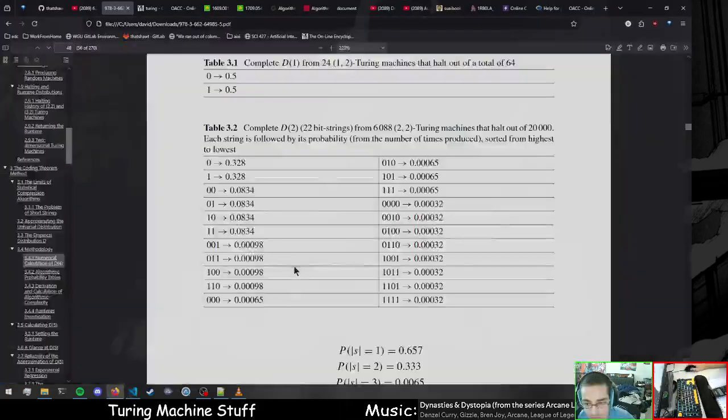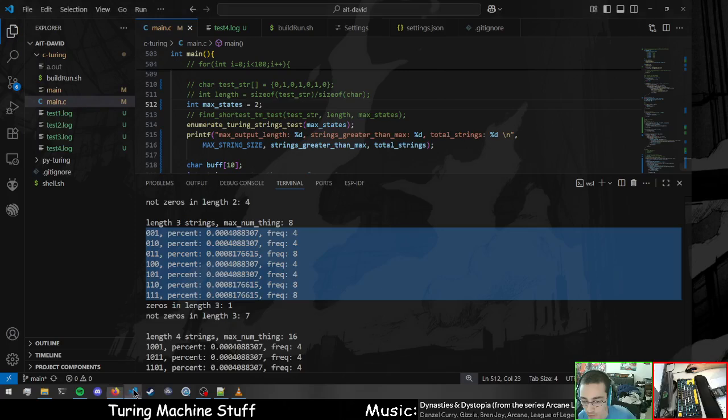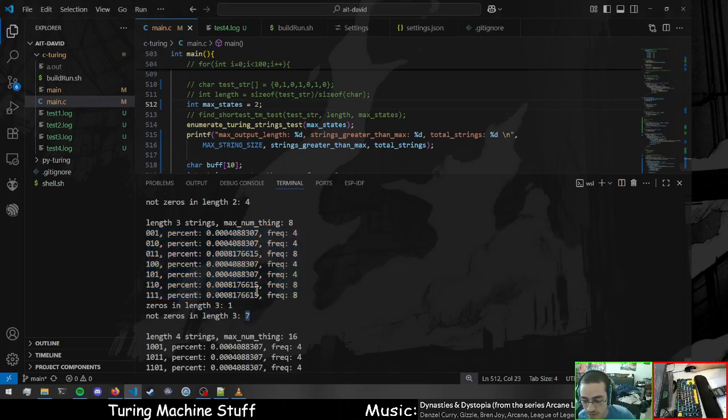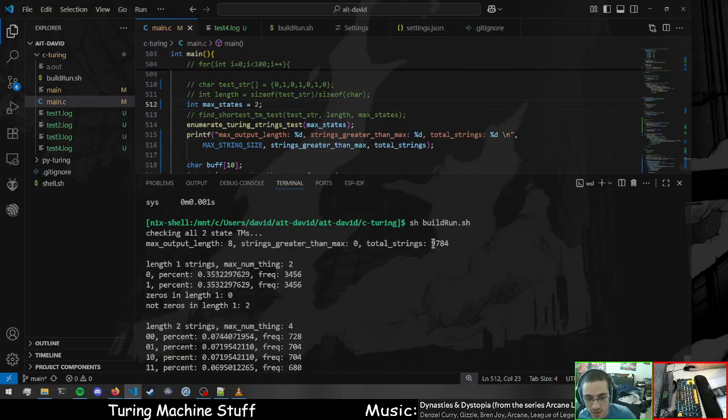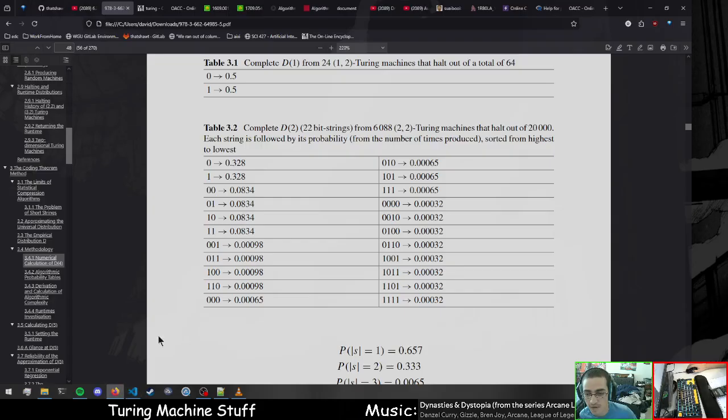Kinda different. Let's count how many length 3 strings they got. So they got 1, 2, 3, 4, 5, 6, 7, 8 length 3 strings, and I got 7 of them, which means I'm missing one, apparently. But I'm only considering 9,784 of them.